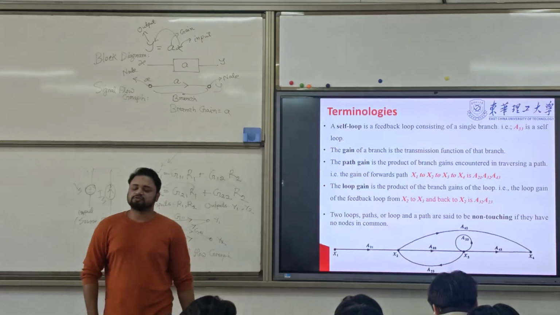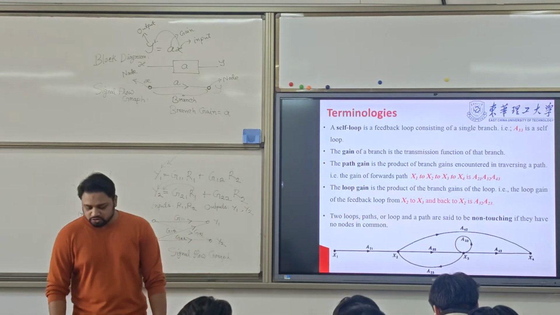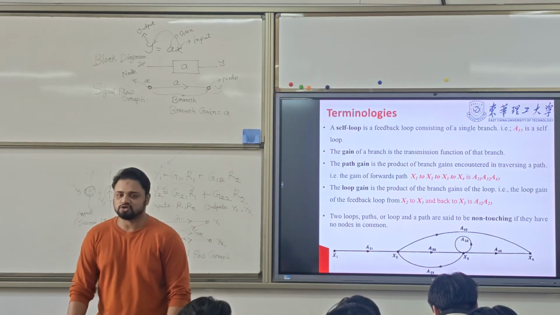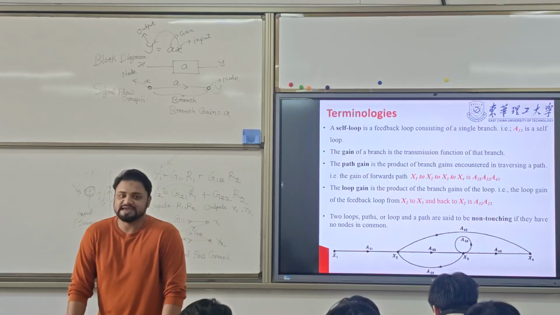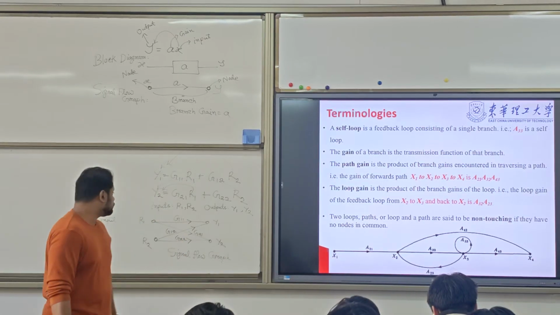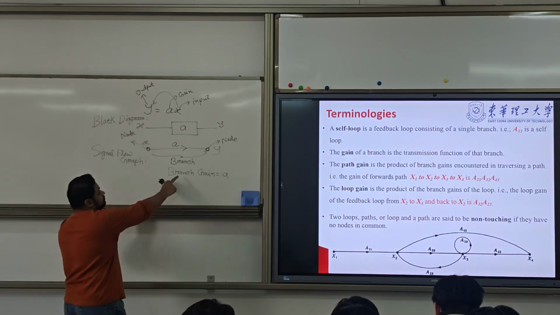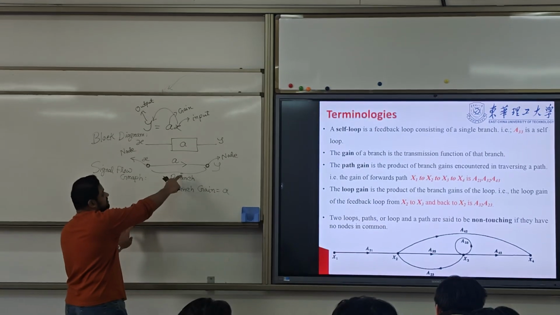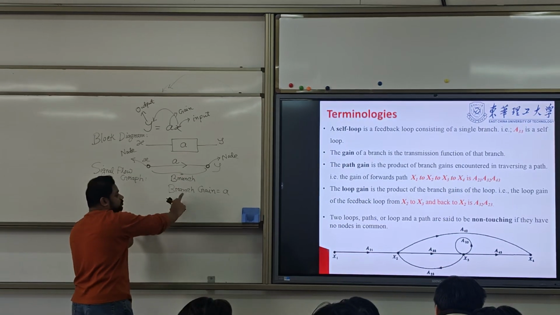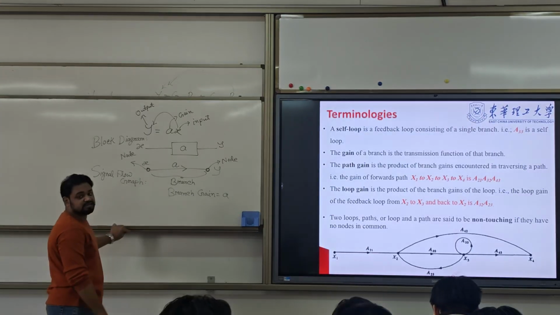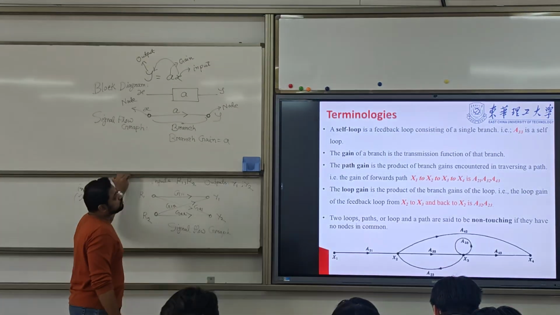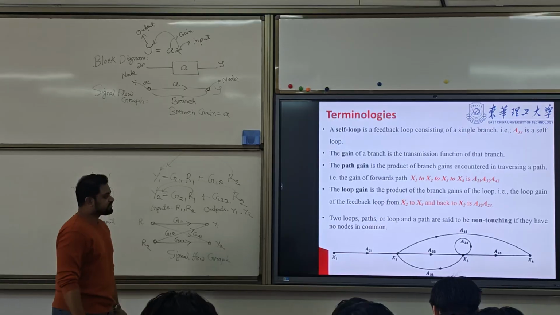Now why do we need to find out these loops? Because we need to find out the gains of these loops. Gain. I already told you, look at this. Branch gain. What is the gain? So we must find out the gains. That's why we need this.